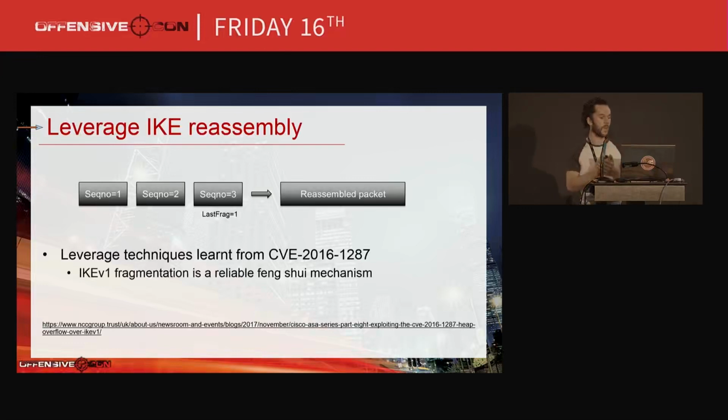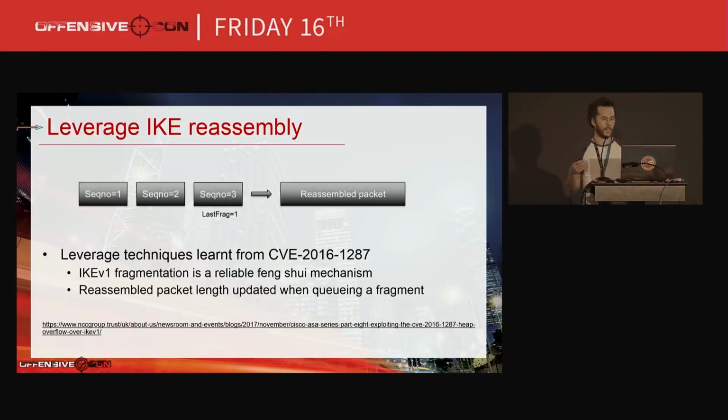What we learned from the previous bug is that IKE fragmentation is also a nice, reliable feng shui mechanism. I'll show you right after. And the reassembled packet length, which is used when you receive the last fragment to allocate the packet to hold the different fragments, is updated each time it receives a fragment.